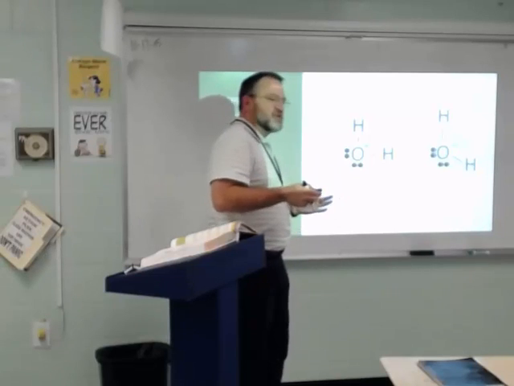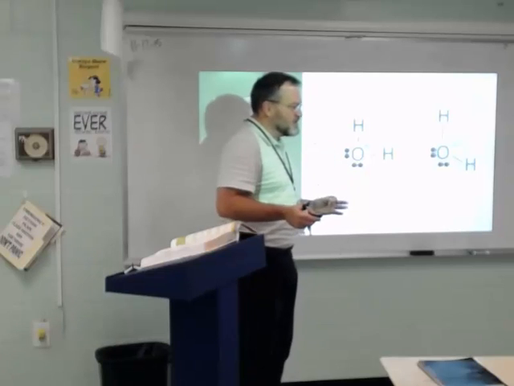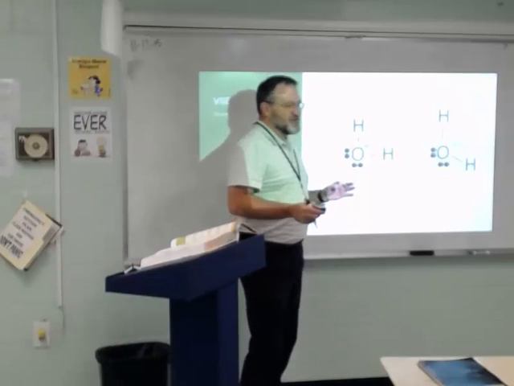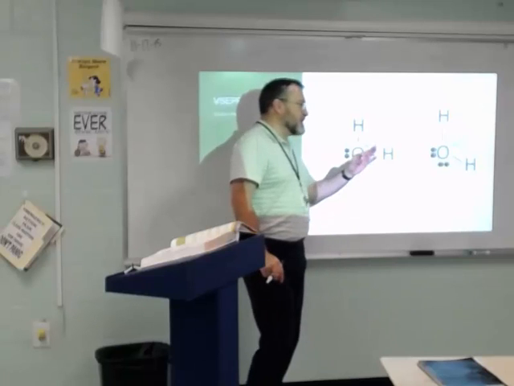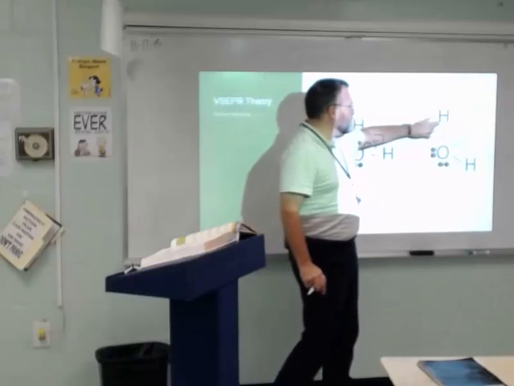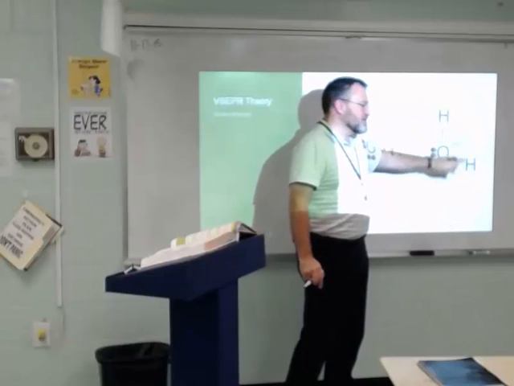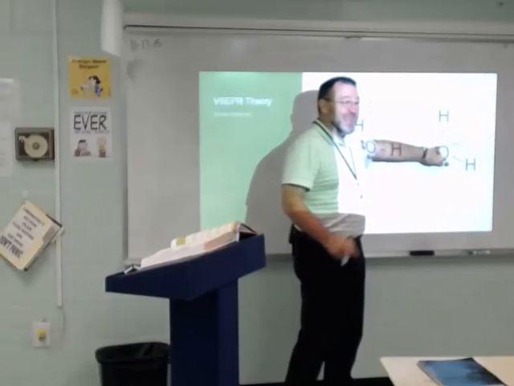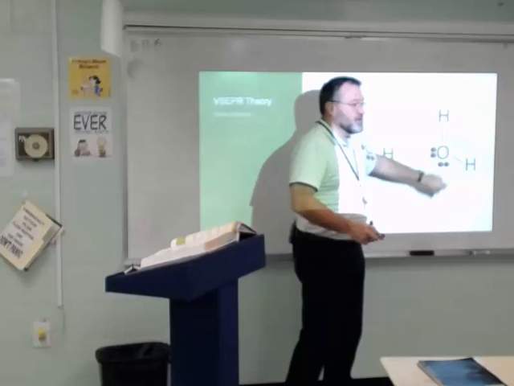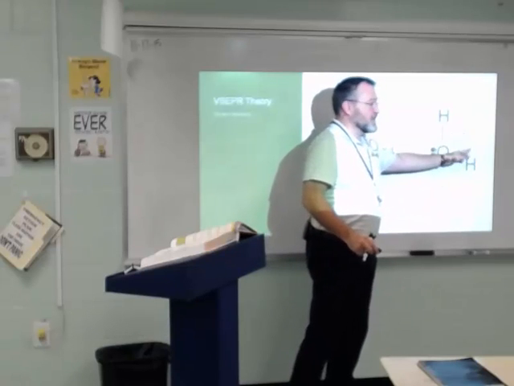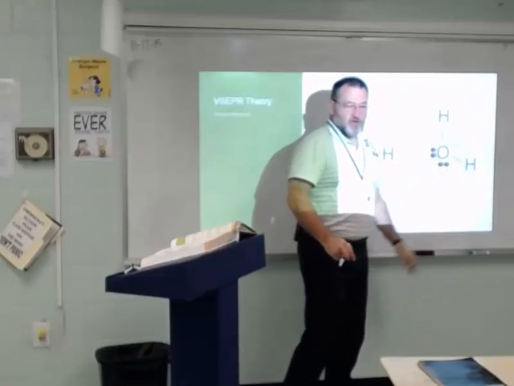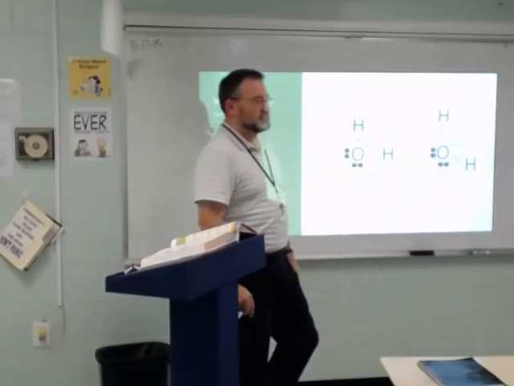It's 109 degrees in a tetrahedral, 107 degrees in a pyramidal, and 105 degrees in a bent molecule. It's a bent molecule because it has 2 bonded elements to a central element, and it has 2 unbonded pairs. And the net result is a bond angle, the angle between the bonded pairs, of 105 degrees.